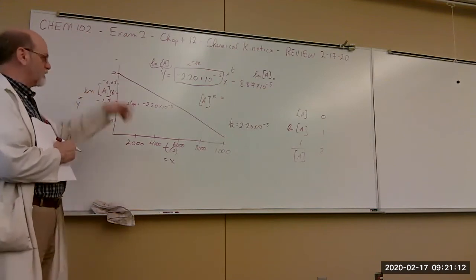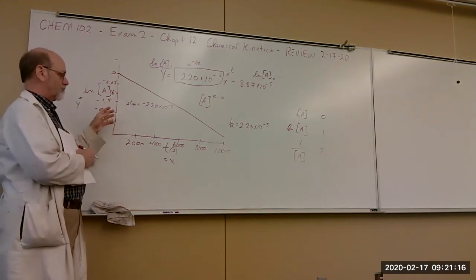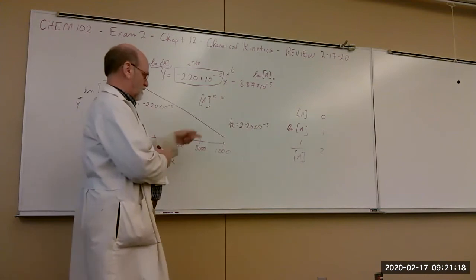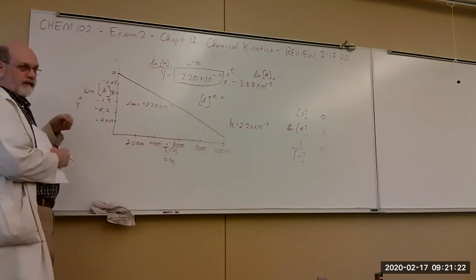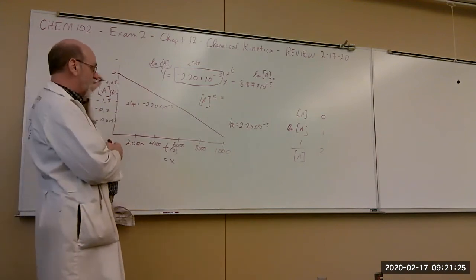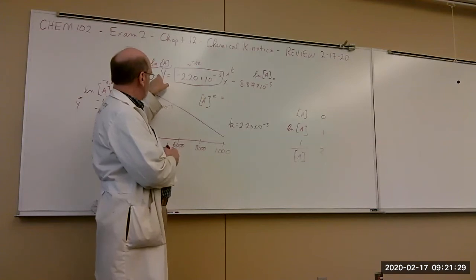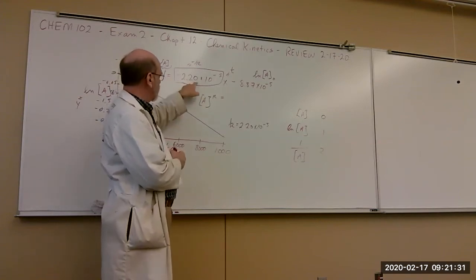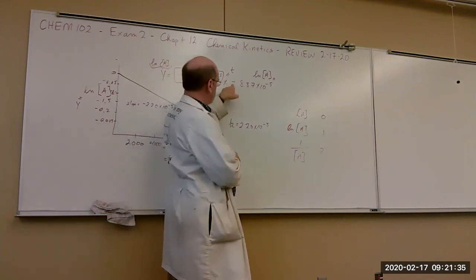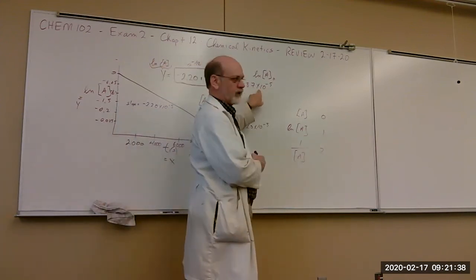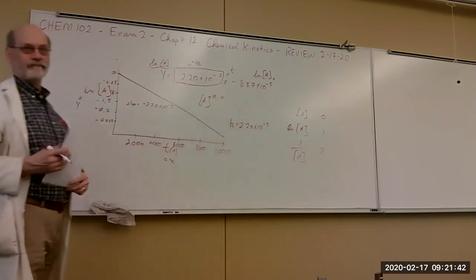That's the whole point of that one. If you have that graph given to you, can you answer those questions? It's first order. And you can pull the K out of it by recognizing that this is the natural log of A equals minus K times time minus the natural log of the initial concentration. Okay?